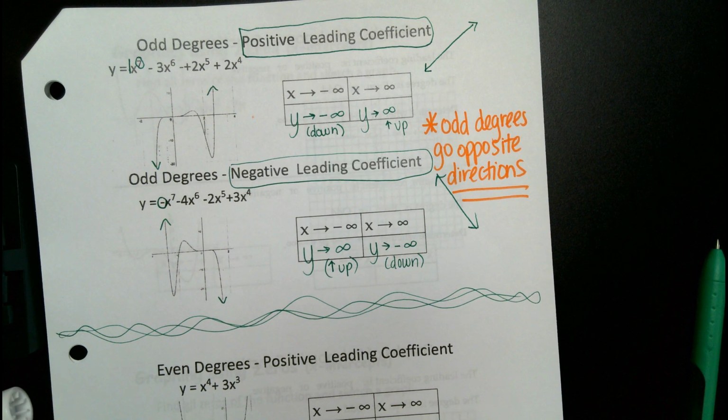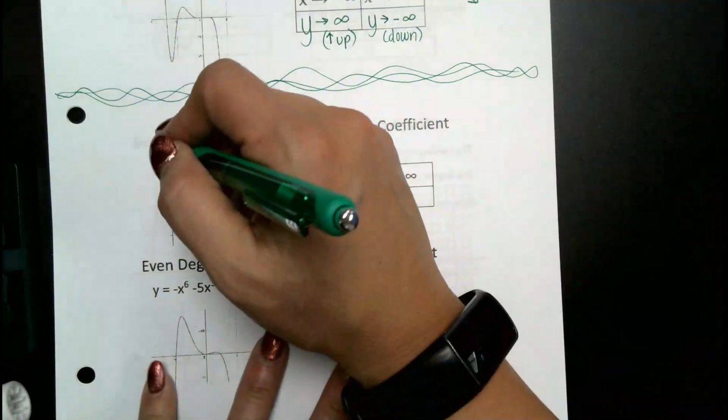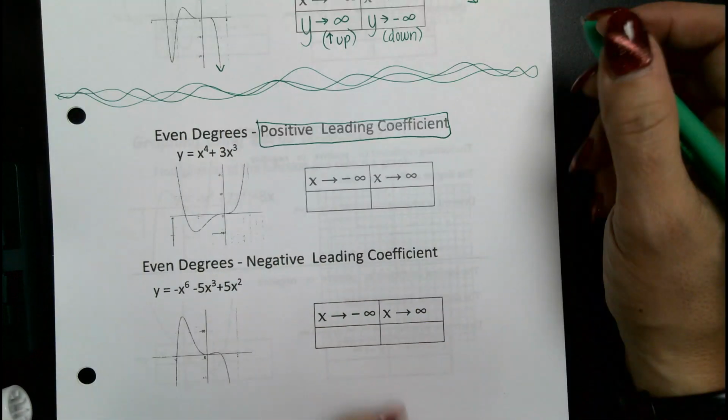What do you think the leading coefficient would be if they're both going up? Would it be positive, or down, negative? This one's a little bit easier to understand, I think. So with our even degrees, if there's a positive leading coefficient, ends should be going up.